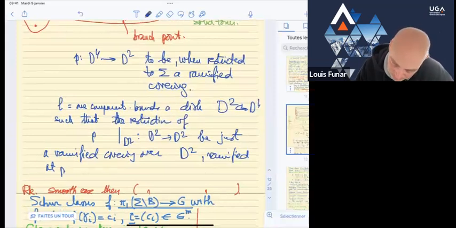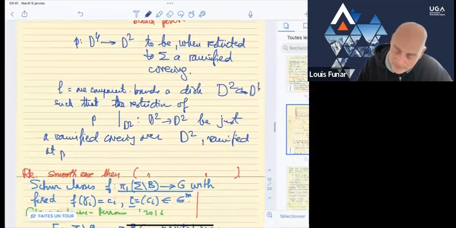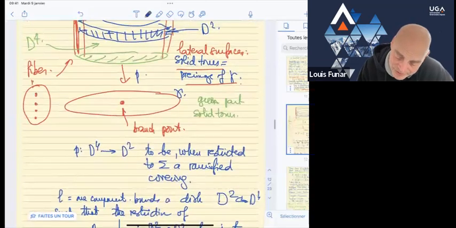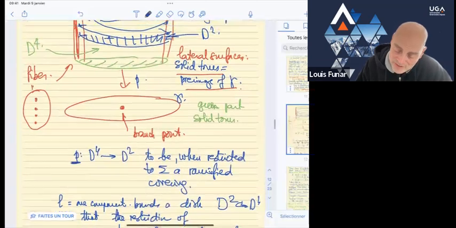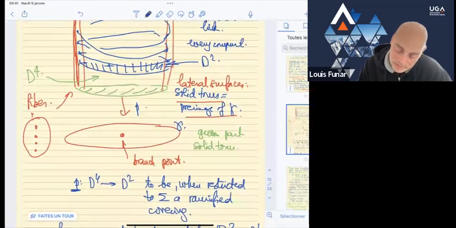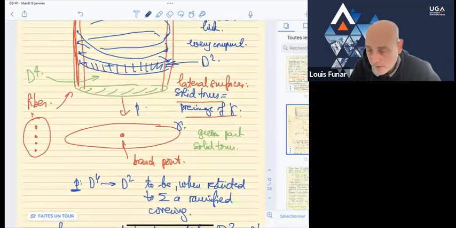So for instance, B3 cannot do that because B3 is twisting too much. B3 is still bounding a disk, but the restriction of P to that disk is not anymore a ramified covering.